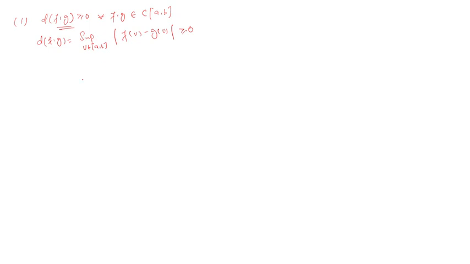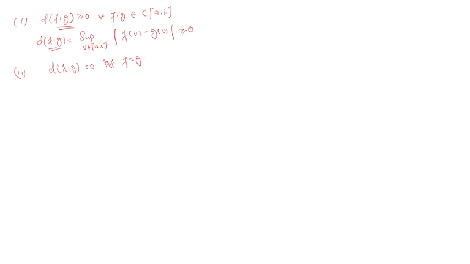Even with a supremum, it is greater or equal to 0. Means d(f, g) is greater or equal to 0, and this is true for all f, g in C[a, b]. Now the second condition that I'm going to prove is d(f, g) is equal to 0 if and only if f is equal to g.